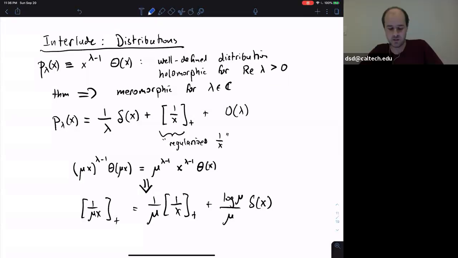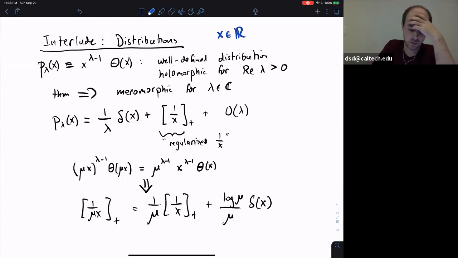Let me explain a little more what I mean by bad distributions and how we fix them. Let's think just about functions on the real line. For this slide, x is just something on the real line. There's a nice family of distributions which are powers of x.